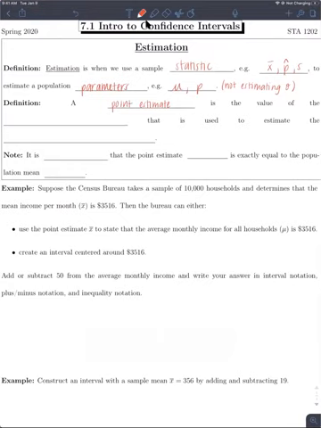This point estimate is just the value of the sample statistic that we use to estimate the population parameter. So here would be x bar, p-hat, mu, p.